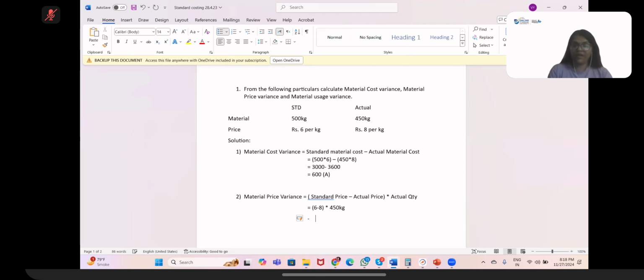नाउ व्हाट आर वी गोइंग टू गेट ओवर हियर? एक मिनट. Okay, so the answer that we are going to get is -2 into 450. So -2 into 450 kg.